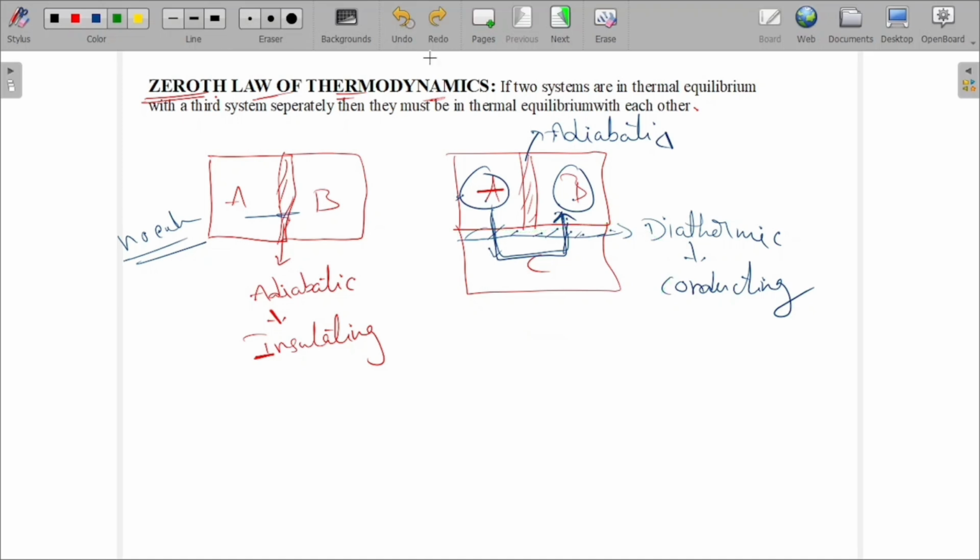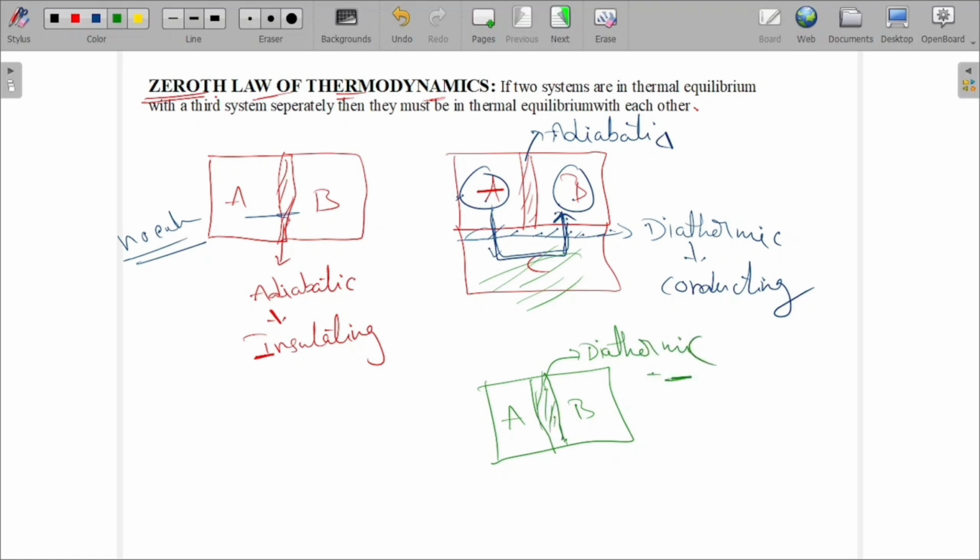Now I am going to place the same A and B, but the wall is replaced. I have removed C alone. Between A and B, instead of the adiabatic wall, I am keeping a diathermic wall. So what will happen? Energy should be transferred.